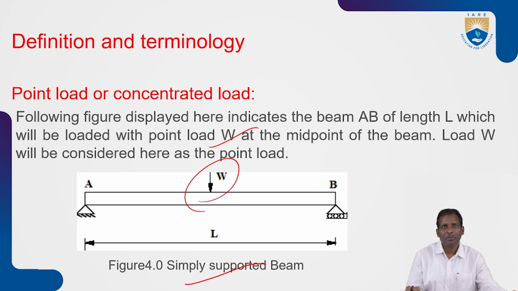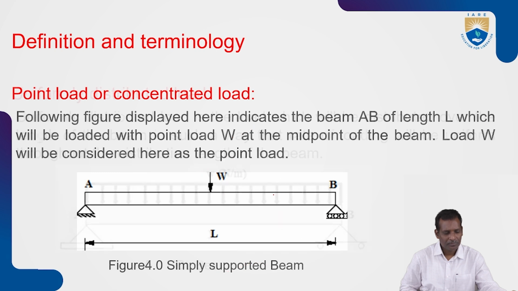So the load W will be considered here as the point load. The entire load is acting at its center. Suppose another load is acting at distance L1. So the load will be considered as a point load only.